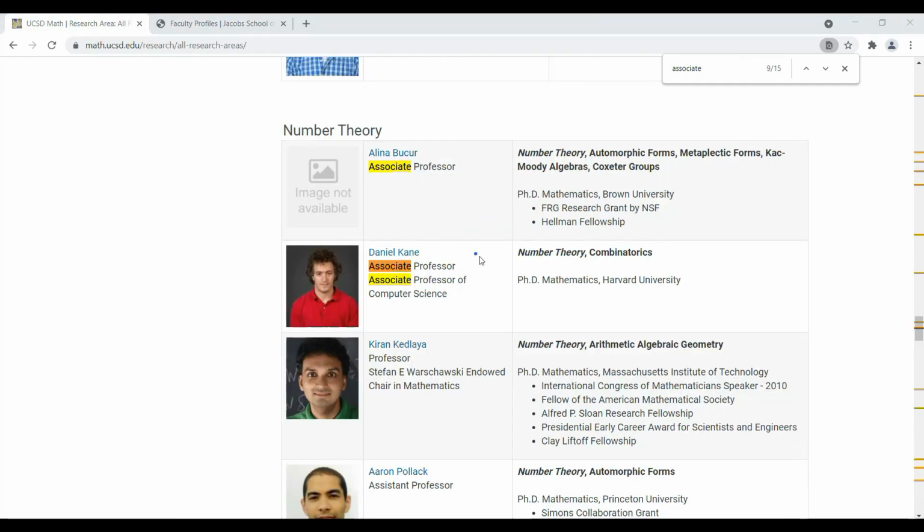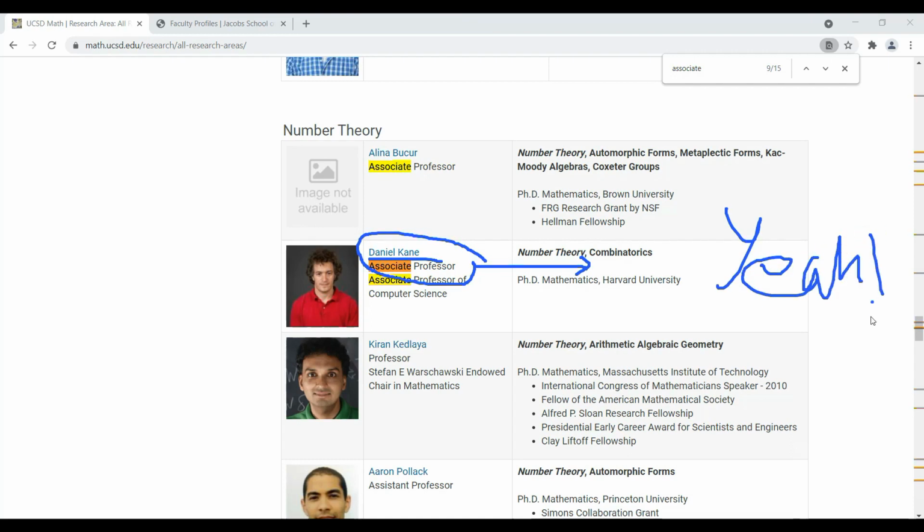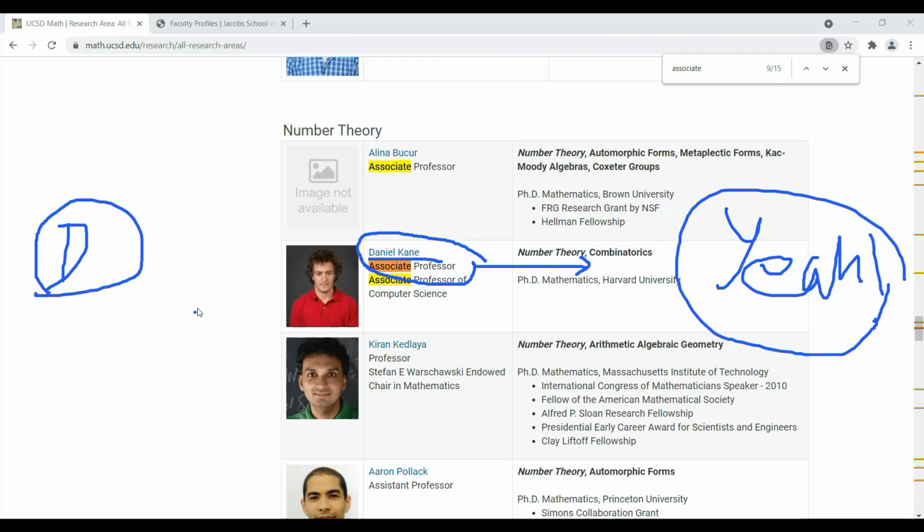So Daniel Kane is our answer, and yes, we have solved it. We have easily solved it. So you just need to submit the name Daniel Kane there, and it will be your flag. So like this, it is very easy.